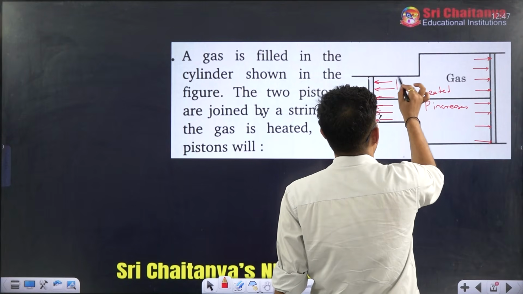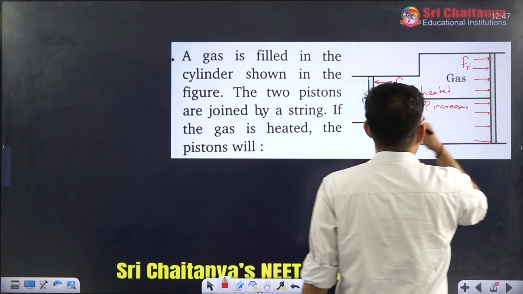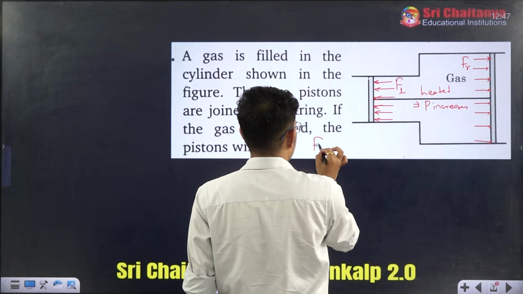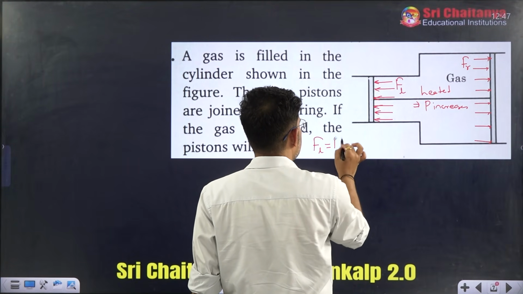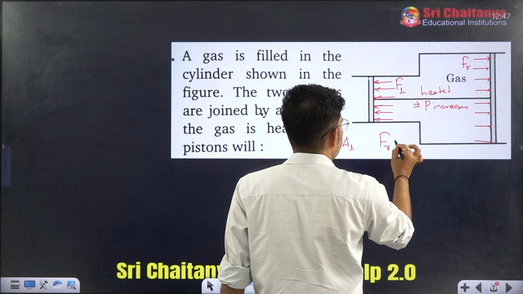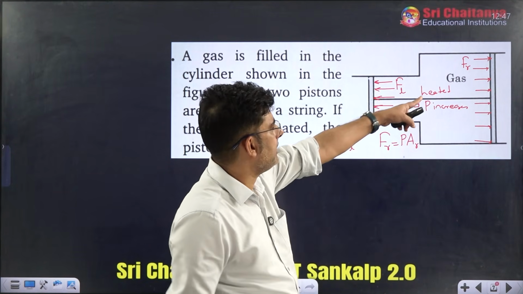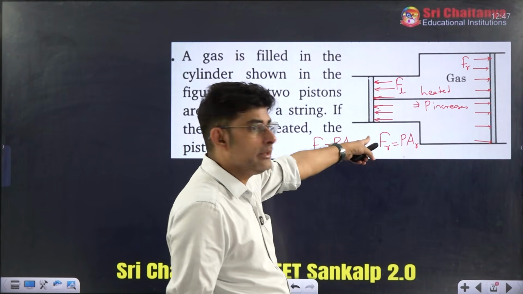Now if you see, force on the left piston FL and force on the right piston, FL is equal to pressure into area of the left piston, and on the right piston it will be pressure into area of the right piston. Now which area is more? Area of the right side piston is more than left.